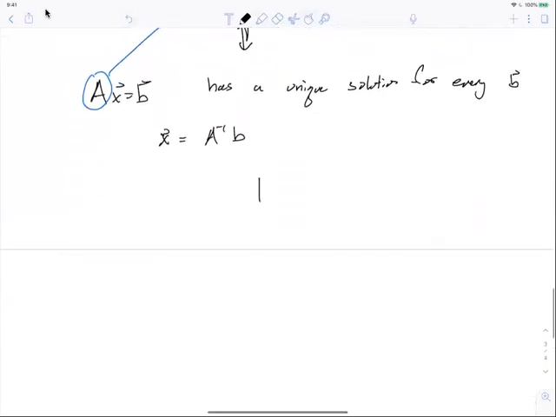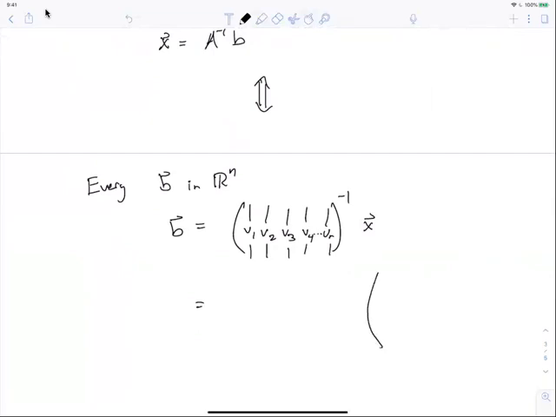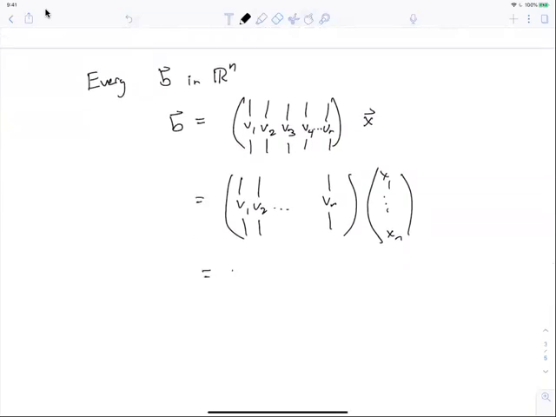All right, so what does this mean? This means that every B you can pick in Rn is equal to some matrix times the vector X. Every B is the matrix times X. If we write down this X as just a bunch of single numbers, we get this matrix multiplication, which is really equal to Vx.